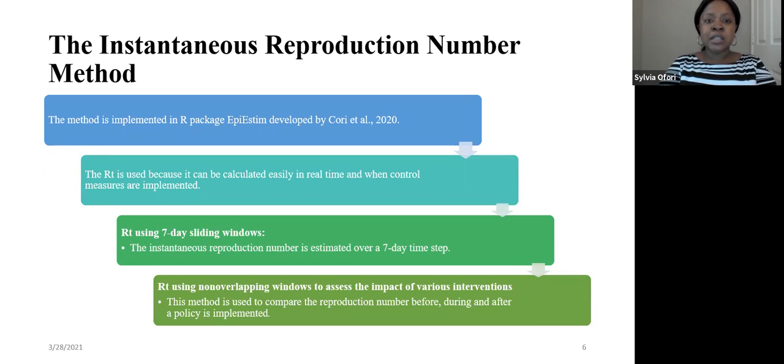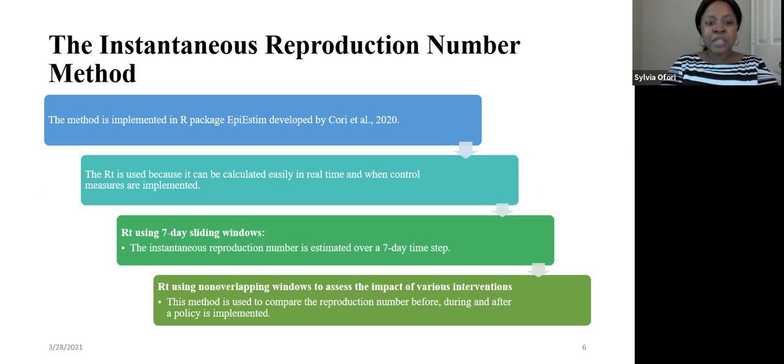I'll be using a method developed by Cori et al., the instantaneous reproduction number method, to estimate the time-varying reproduction number, which is also known as the Rt. This method is used because it can be calculated easily in real time, and you can take into account control measures that have been implemented.